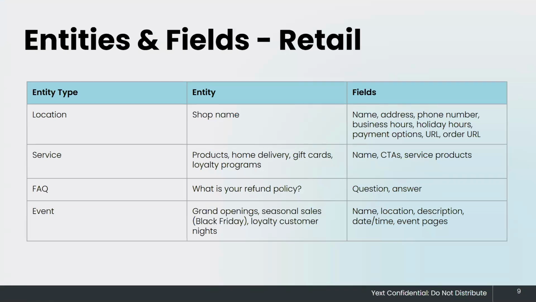So let's start with retail then. As we've been discussing, all knowledge graph entities contain fields. The fields contained in each entity depend on a number of things, one of those being particularly the entity type.